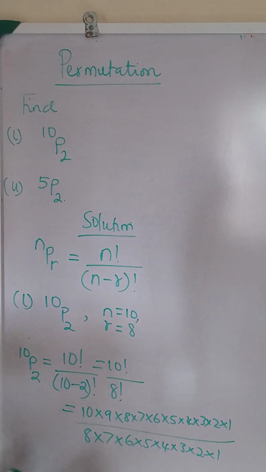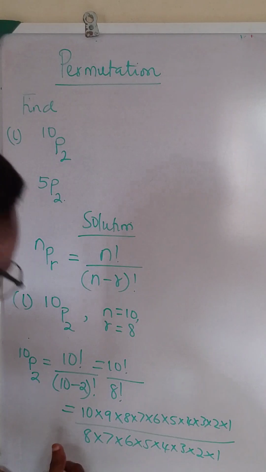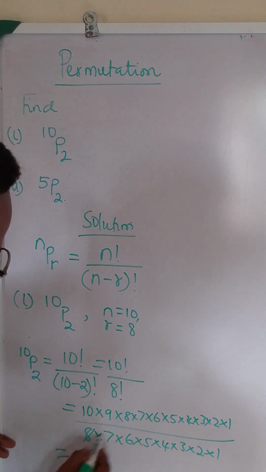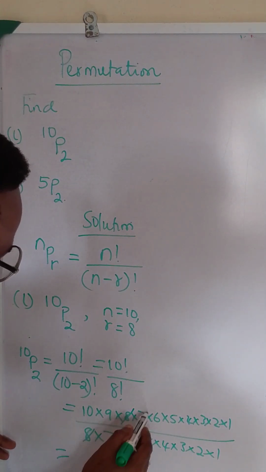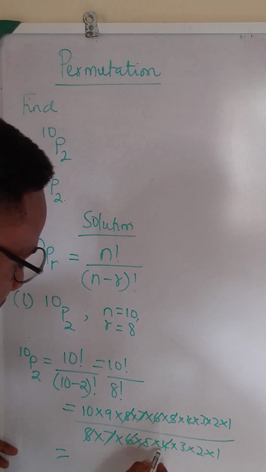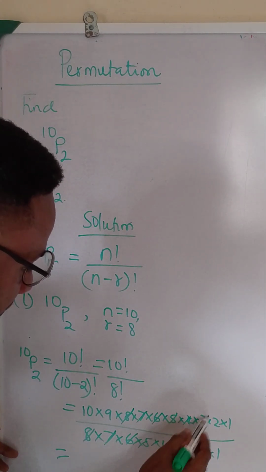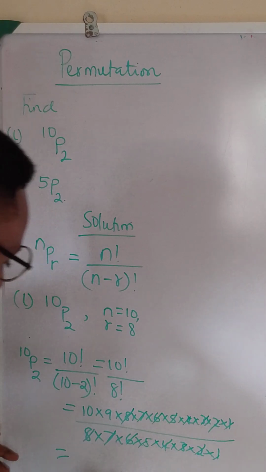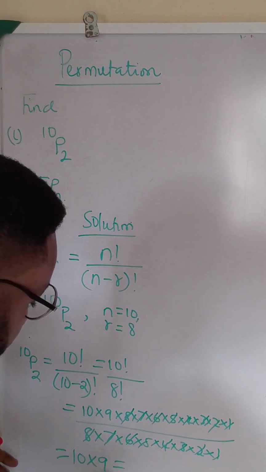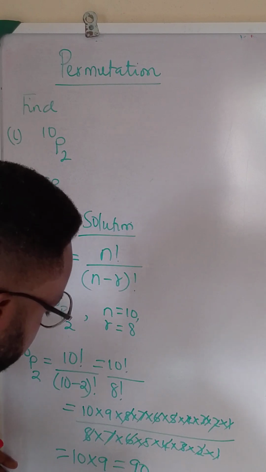From here we can cancel out and find the value of 10 permutation 2. The 8, 7, 6, 5, 4, 3, 2, 1 cancel out, and we are left with 10 times 9, which is equal to 90.